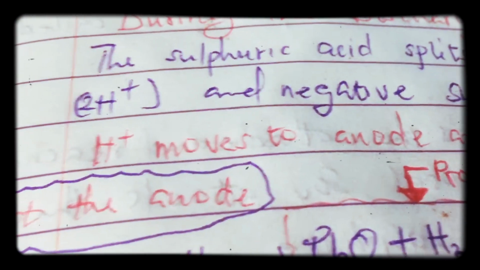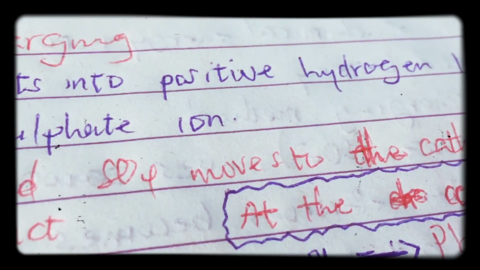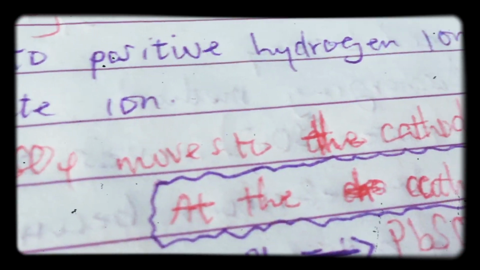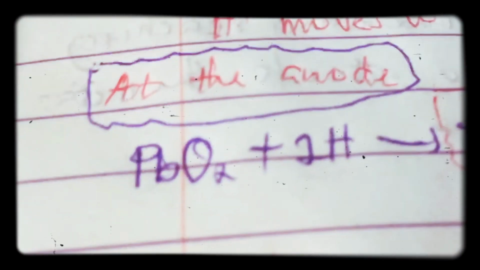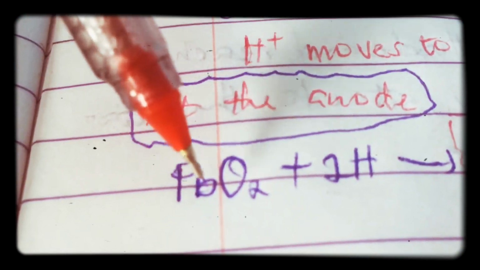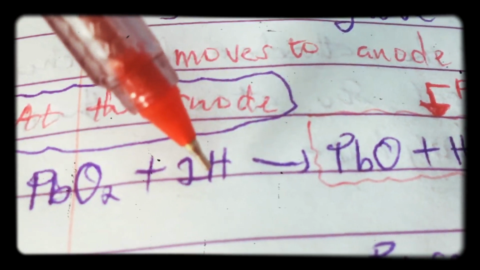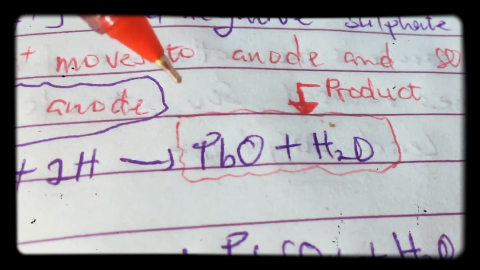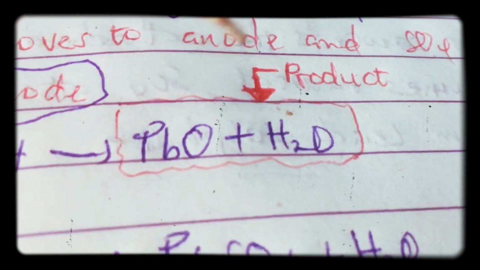At the anode, the hydrogen moves to the anode, and the sulfate ions also move to the cathode. At the anode, the lead peroxide reacts with the hydrogen atoms to form lead oxide and water.